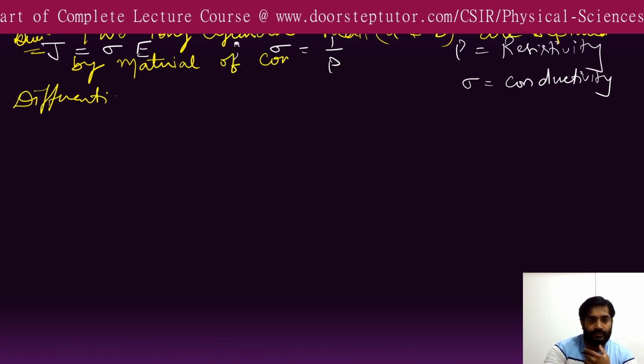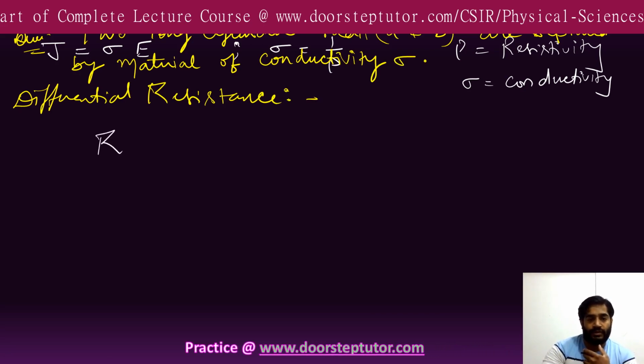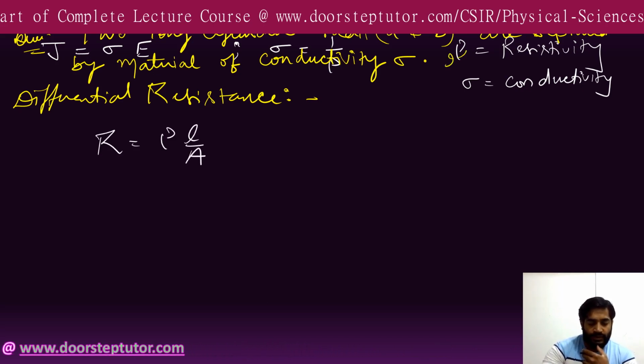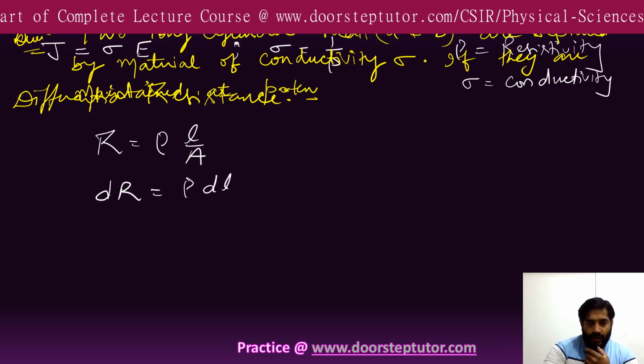Here we see that resistance is rho L by A, and rho is constant, resistivity is constant, and cross section area is also constant. So if I differentiate it, I get dR equals rho dL by A.